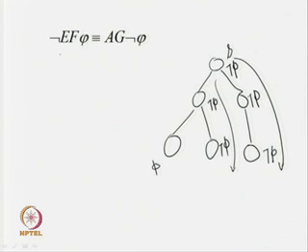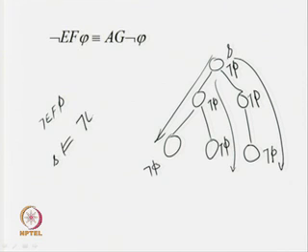That means, not of there exists a path in future phi is not true along this path. To have this particular formula true over here, we should have not of phi over here. Then only we will say that in this particular path also we are not getting any state where in future phi is true. So, in this particular state S, I can say that not of E f phi is true, because there does not exist any state where in future phi is true.